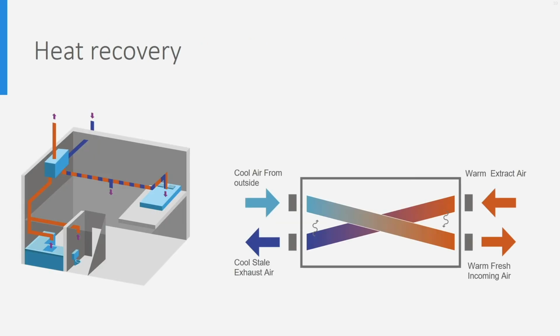Let's start with the cold season. The incoming air in the winter is cold and must be heated by the heating system to the desired indoor temperature. However, the air leaving the building is warm already, and it's a big pity not to recover the heat and to just throw it away to the outside. The heat exchanger makes it possible to recover the heat.